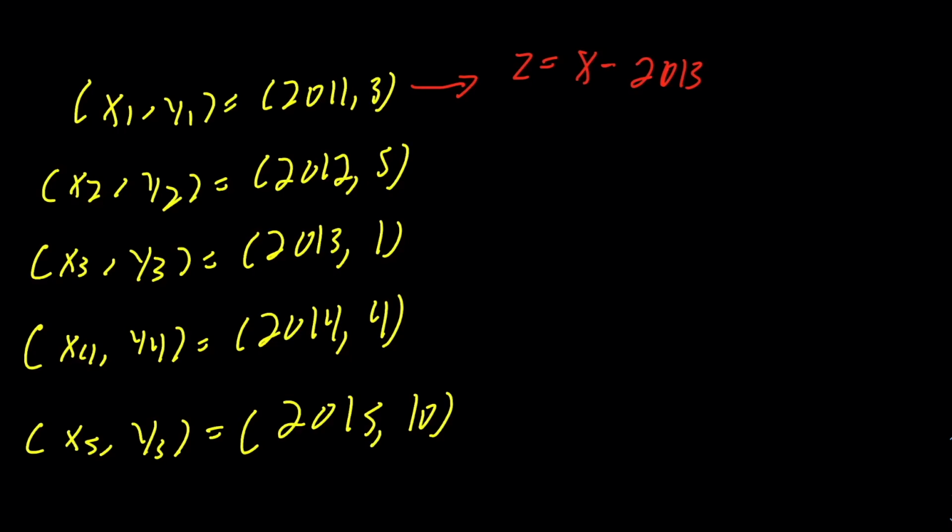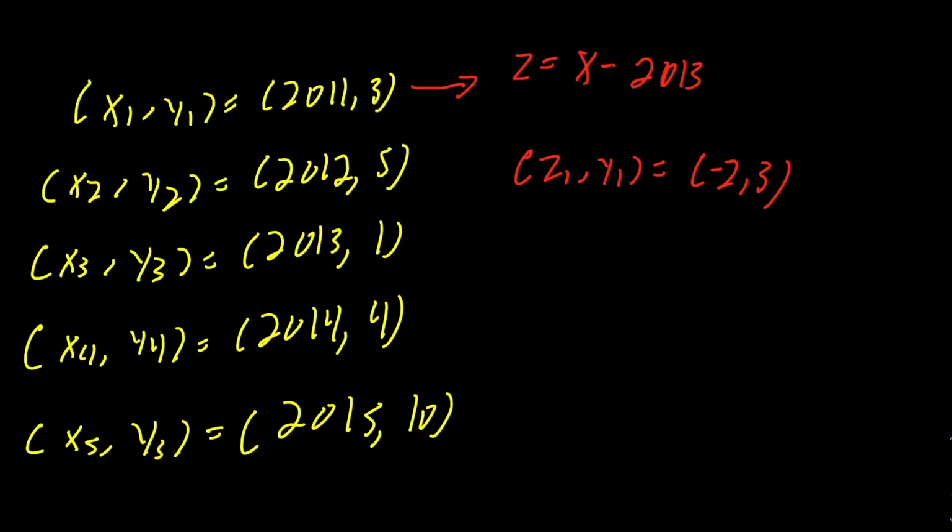So, what happens if we turn x1 into z1? Well, we have 2011 for x1. Let's plug it into the z equation, and as a result, we get z1, y1 is equal to -2 and 3. Okay, that's very manageable.